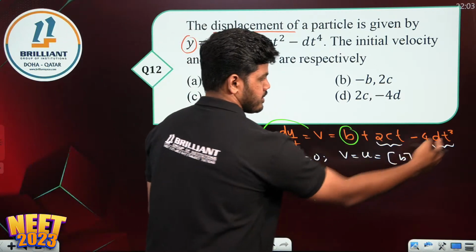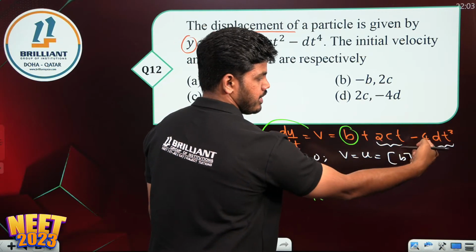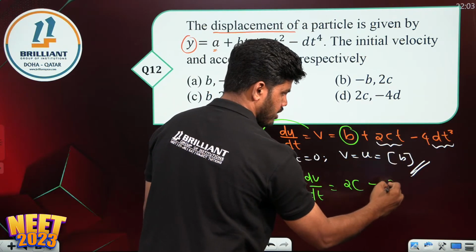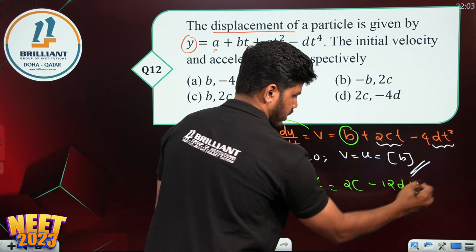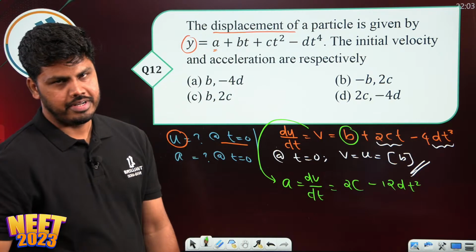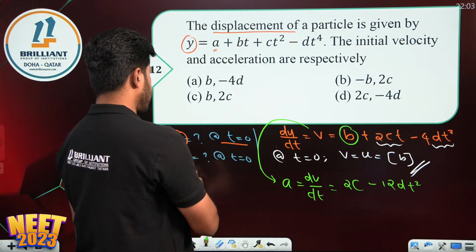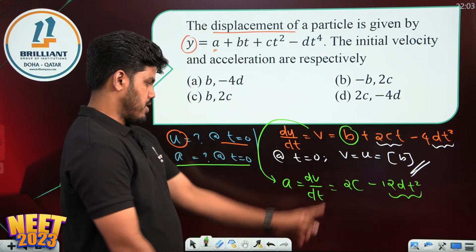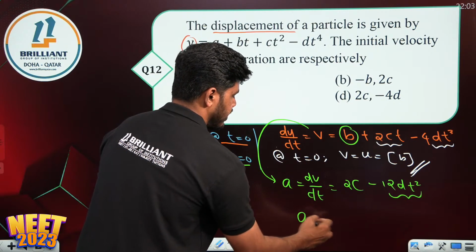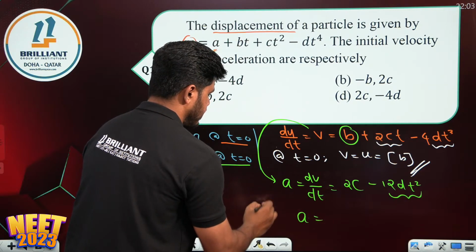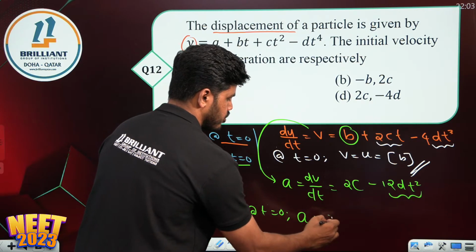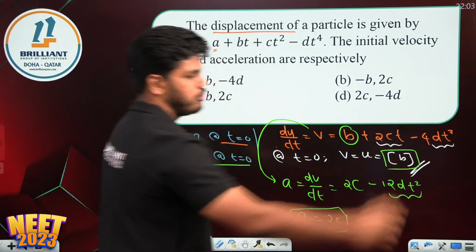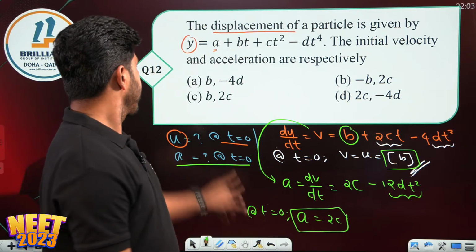Then minus, since we have t cubed, 3 times 4 gives 12dt^2, correct? Acceleration at time t = 0 you have to calculate, so the last term will be 0. Finally, the initial acceleration at t = 0 is 2c, and the two values are b, 2c: option C.